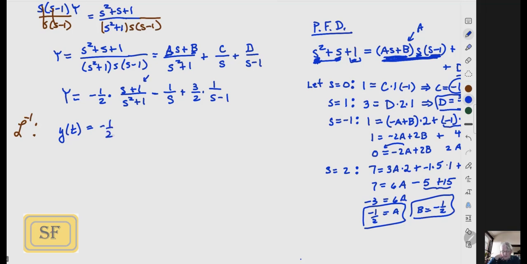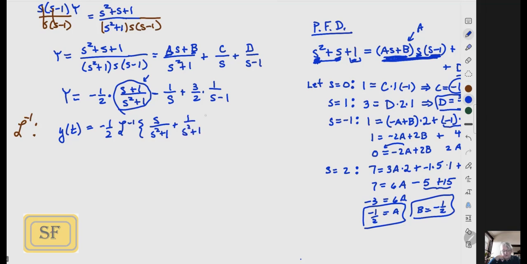I'm going to break it up into s over s squared plus 1, and we know that's the cosine, and then plus 1 over s squared plus 1. And we know that's the sine, and I'm just going to copy the rest down. Minus 1 over s plus 3/2 times 1 over s minus 1. So now go ahead and solve.